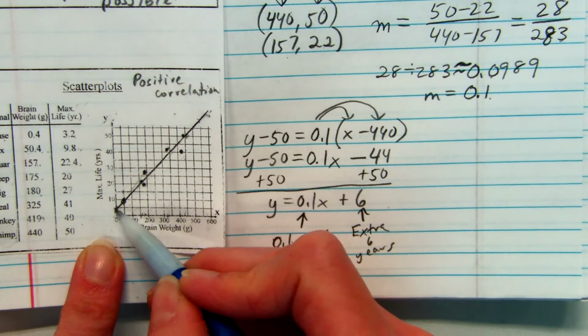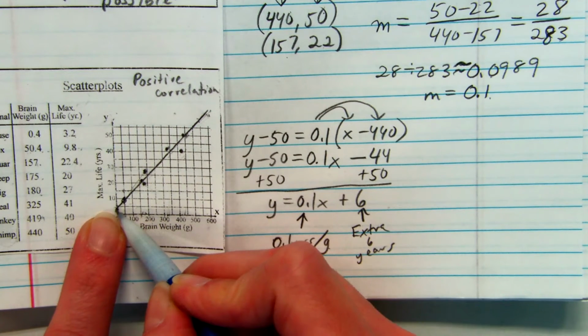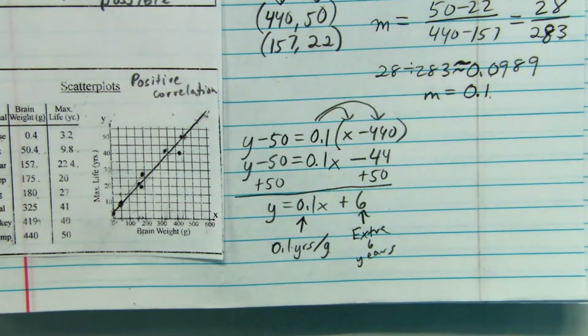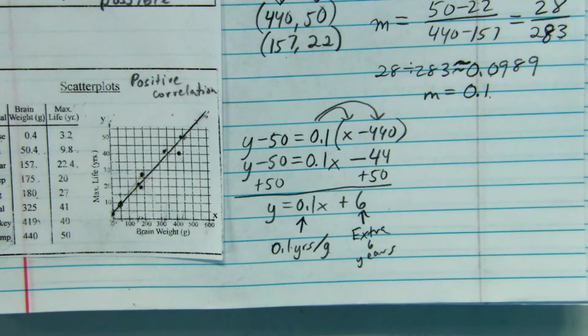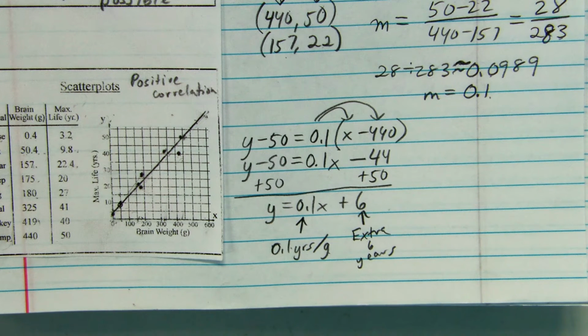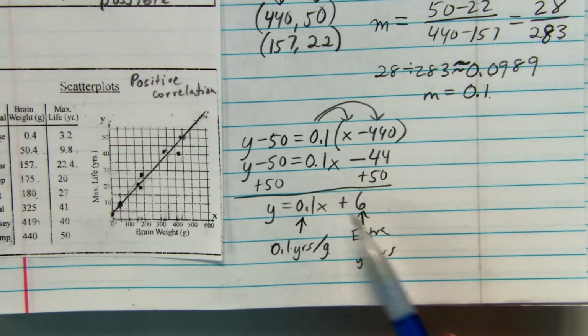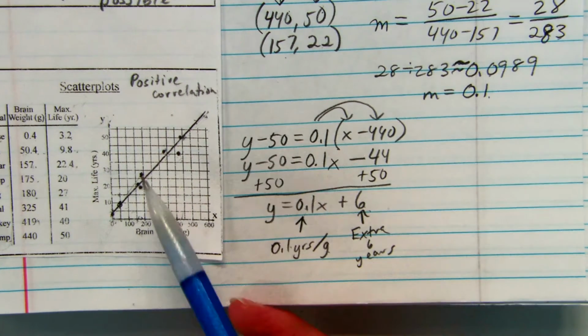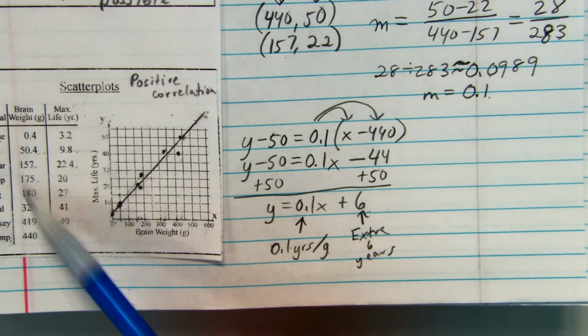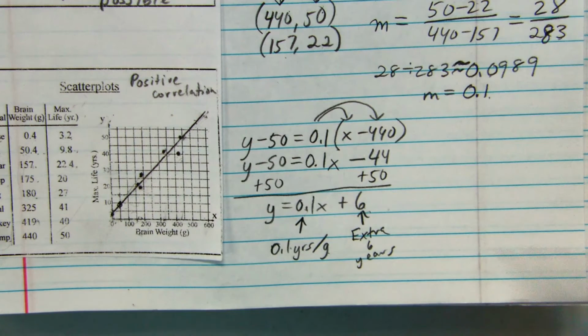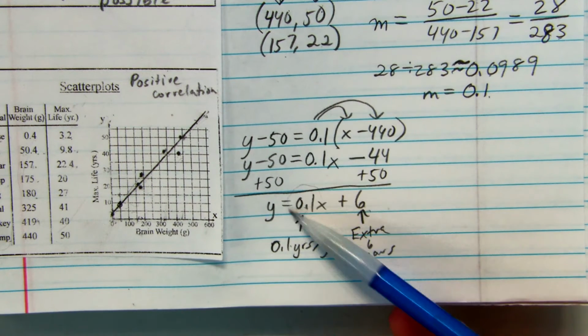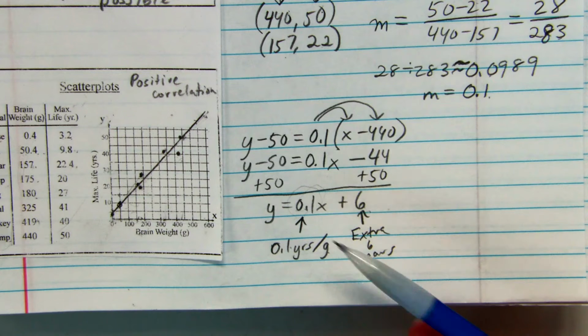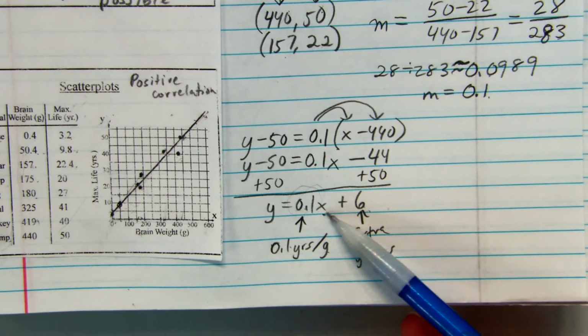Now my graph actually looks like it's a little bit below 5. It might actually be 4. This is not exact. When you do this by hand, it's not exact. And the thing that's really crazy that makes this hard to grade is we're all going to get slightly different numbers. Because if we had picked different points, you might get a slightly different slope. You might get 0.2. You might get 0.15.